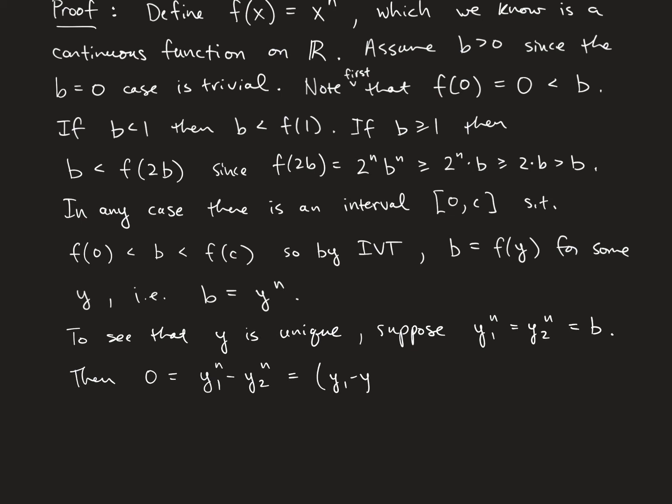This is y1 minus y2 times y1 to the n minus 1 plus y1 to the n minus 2 times y2 plus, and then the powers of the y1 decrease while the powers of the y2 increase. So this goes up to y1 times y2 to the n minus 2, and then plus y2 to the n minus 1.